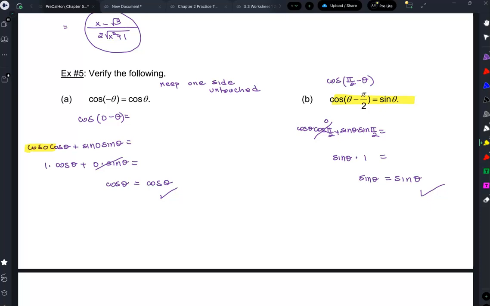But we know that for cosine, if you have the negative of an angle, it's the same as cosine of the positive of the angle. The cosine engulfs the negative, so there is no need to change.